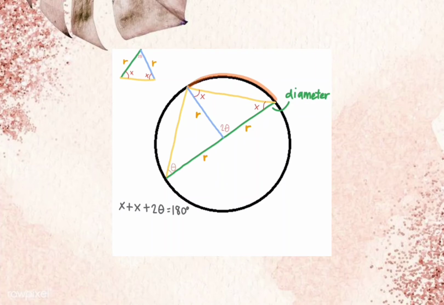X plus x equals 2x, plus 2 theta equals 180 degrees. 2x equals 180 degrees minus 2 theta. We're going to divide that by 2, and the answer will be x equals 90 degrees minus theta. And we're going to write it down here as well.